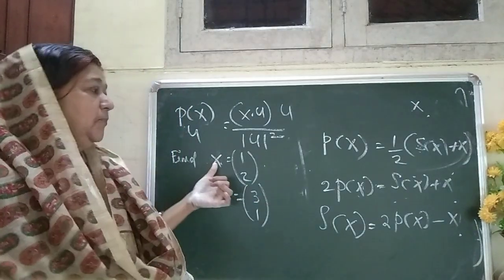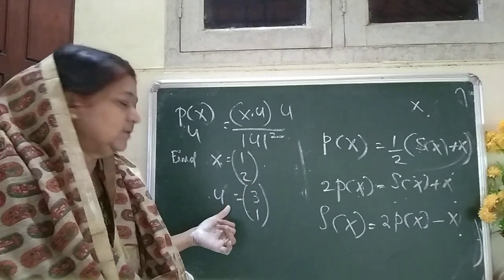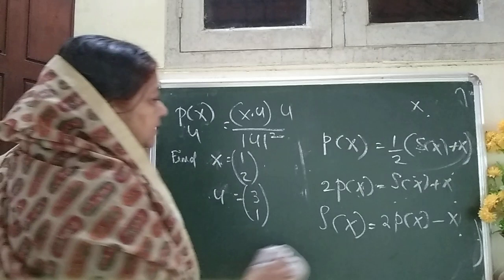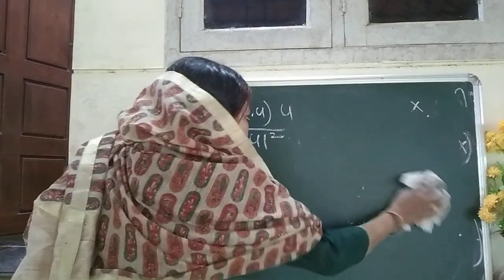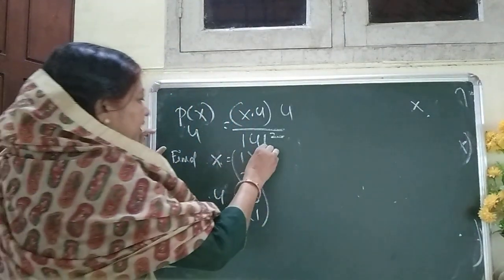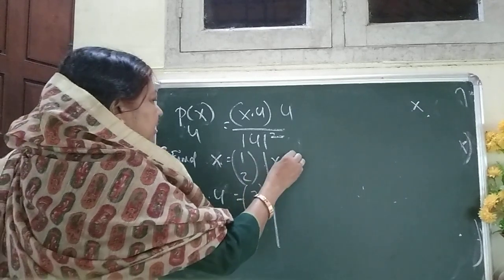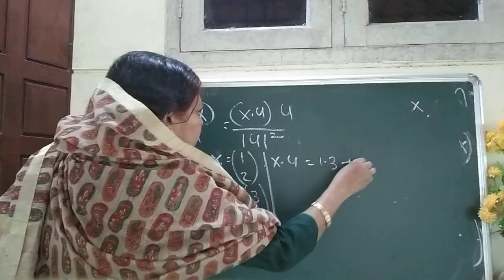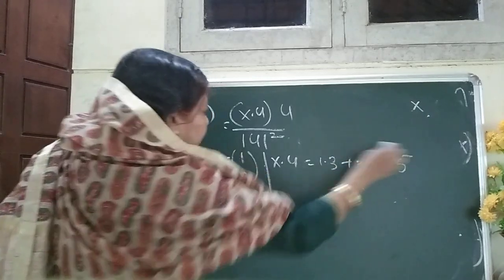First we have to find x dot u, which is 1 into 3 plus 2 into 1, equal to 5.